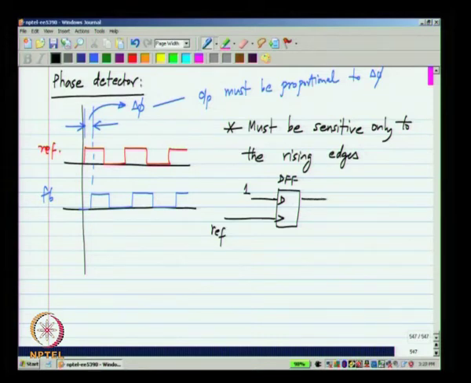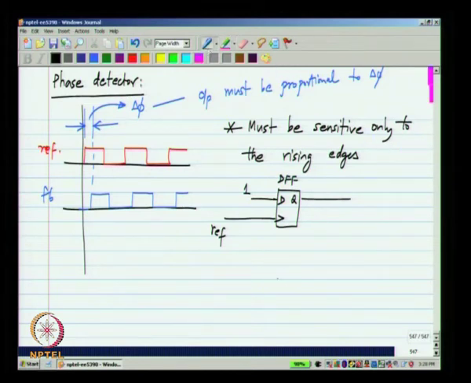Now, what will this do? This is in some way sensitive to the edge. Let me assume that initially this output state is 0, and when the reference edge arrives it becomes 1, and of course, if we do not do anything else it will remain at 1 and we do not have any useful information, but this is something which gives an output sensitive to the edge of the reference. It gives an output at the edge of the reference.